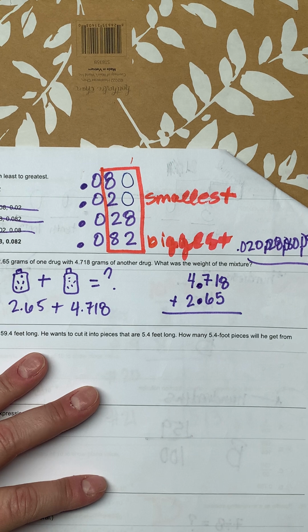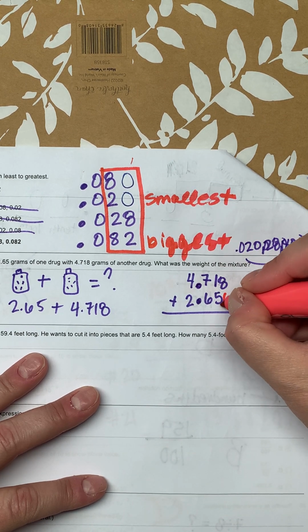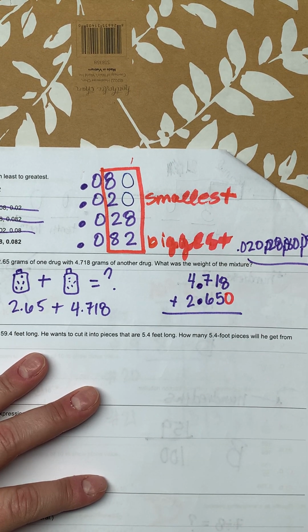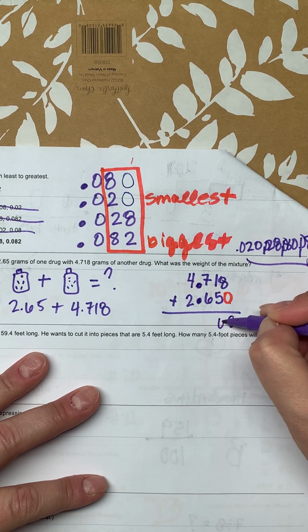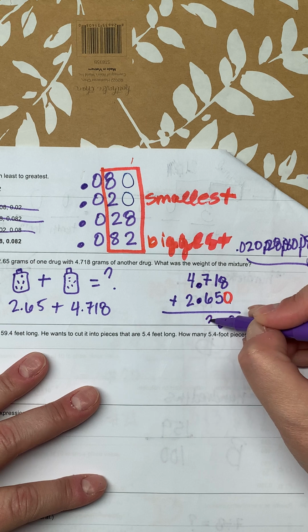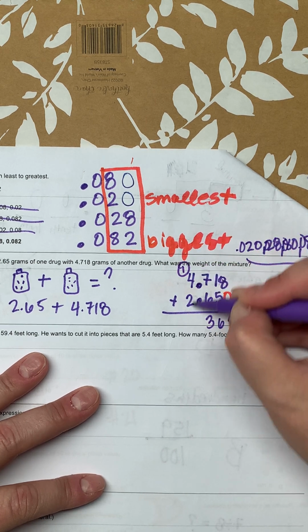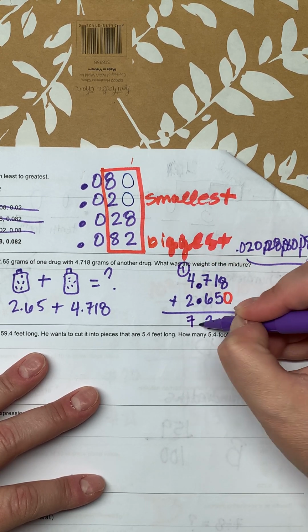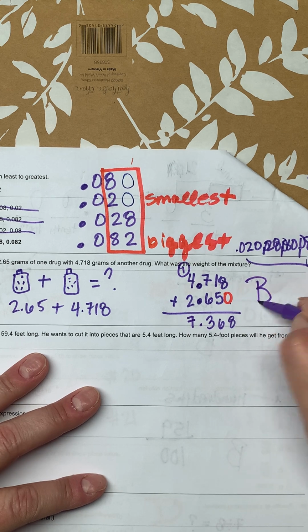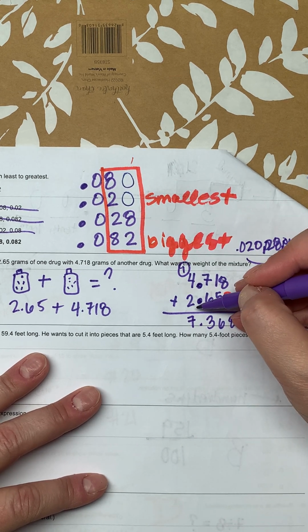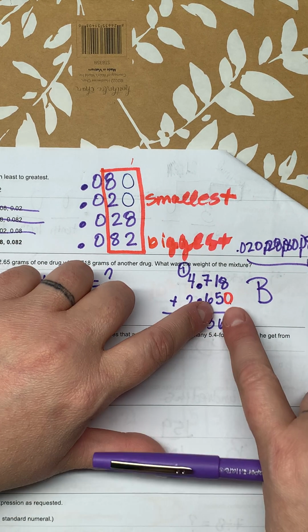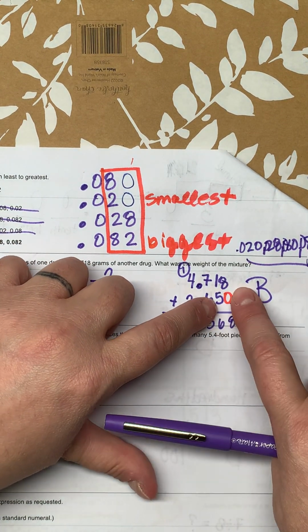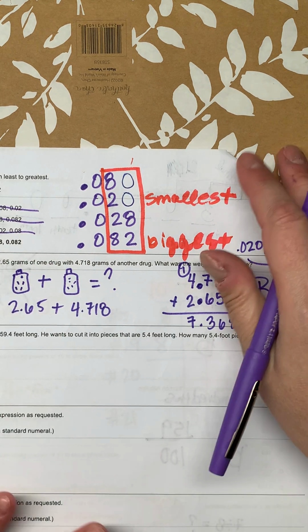On the very end, next to this 0.65, there's not a third number, so let me put a 0. Okay, let's see. 8 plus 0, 8. 1 plus 5, 6. 7 plus 6, 13. Carry the 1. So maybe 7.368. Yay! B. The important thing to remember on this one is to line up those decimals. If you're not, you might have accidentally added the 5 and the 8 to get like a 13.